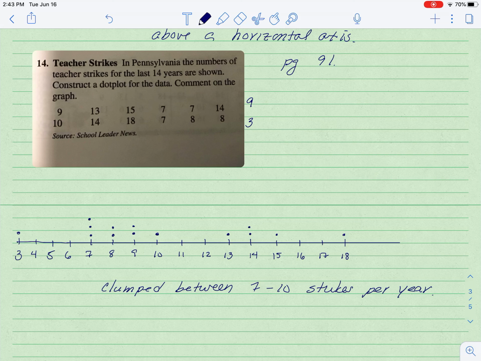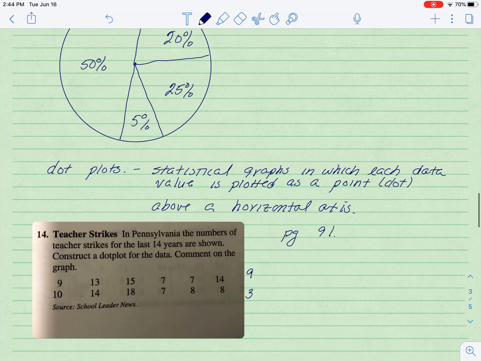And that's probably all I would say about it. So you can see that there is a clump around 7 to 10. There's another clump around 13 to 15, and then 3 and 18 are kind of sitting outside of those clumps. But I think the biggest clump is between 7 to 10. You can say what you want, it just has to be accurate with what's happening on the graph.